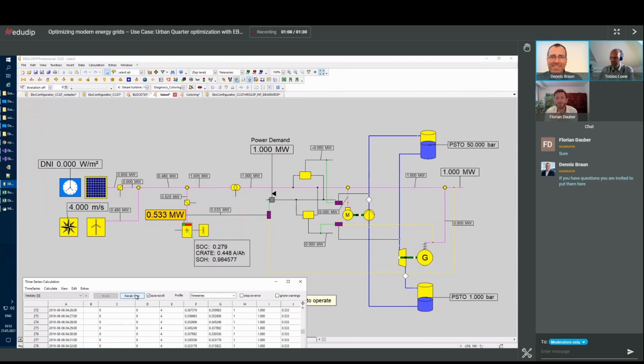Thank you. Okay, so Tobias, just quickly explain why it's an island, and where is this island actually? Why is it an island? Because we wanted to show that Epsilon is capable of doing an energy solution for a small island where you don't have a grid as backup.